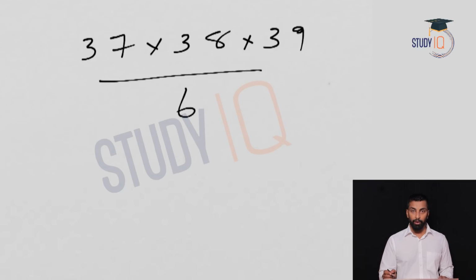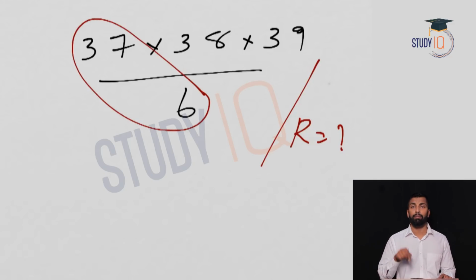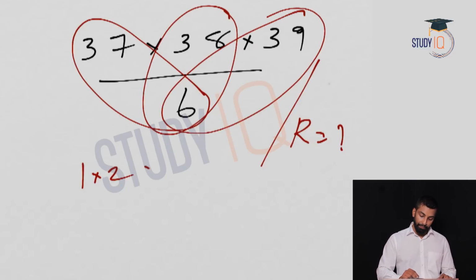Now in the previous video we have seen the basic remainder theorem, right? When you can factorize the numerator, let's take 37 into 38 into 39 divided by 6. The actual remainder in this case is the product of individual remainders. So you will find the individual remainders: 37 by 6, easy, right? 1. 38 by 6, that is 2. 39 by 6, that is 3.